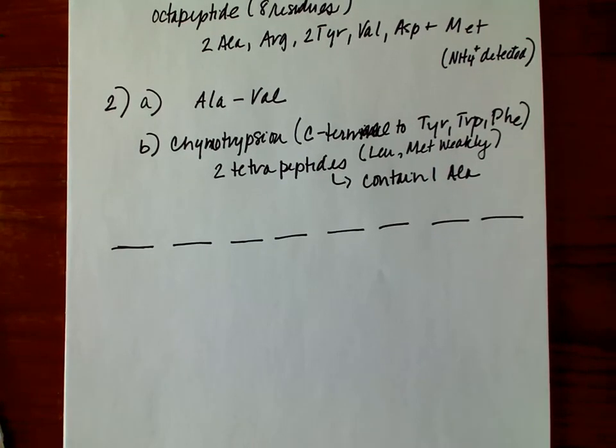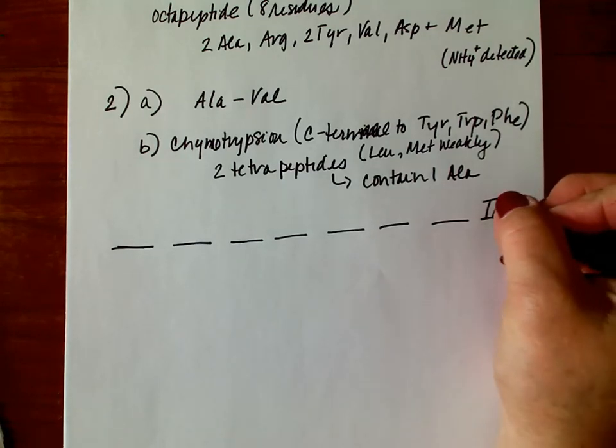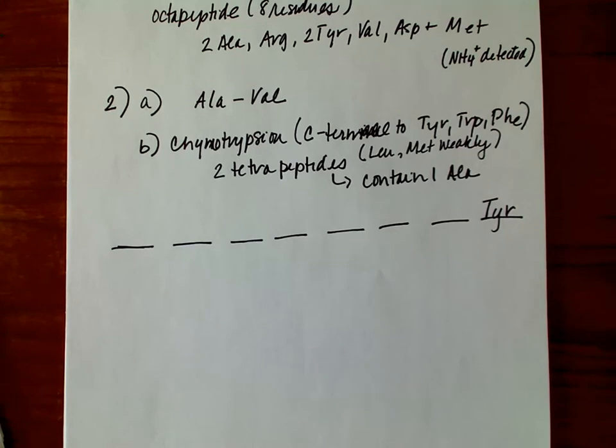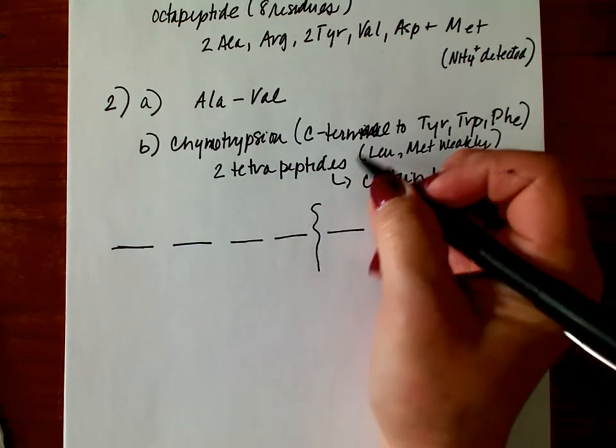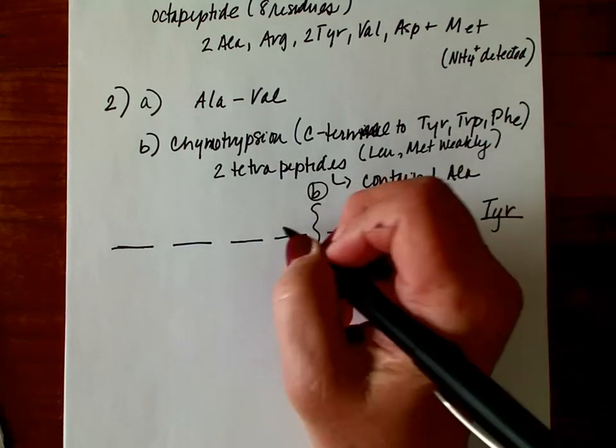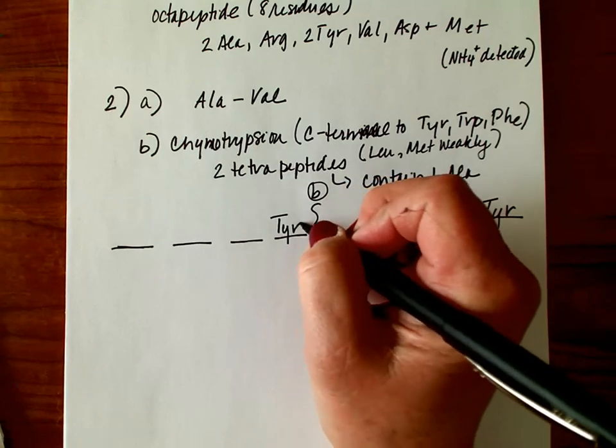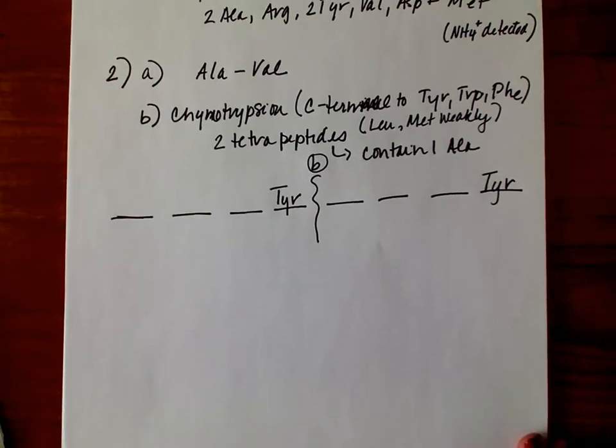So if 2 of those were internal, we would get 3 fragments. But we only get 2 fragments. So that means one of those tyrosines has to be C-term, and the other one has to be in the fourth position. Okay. So we've identified the position of our tyrosines.